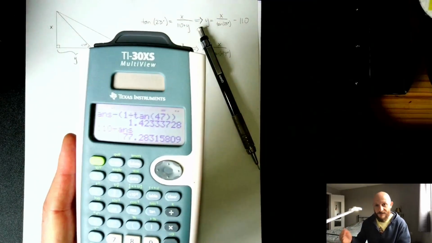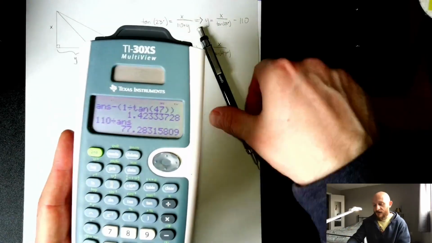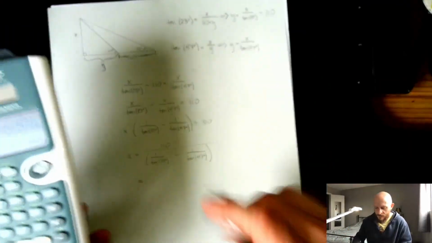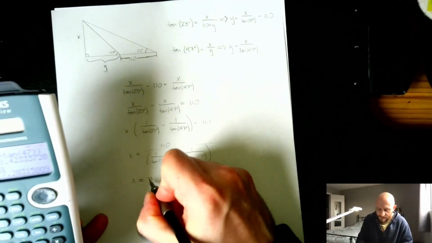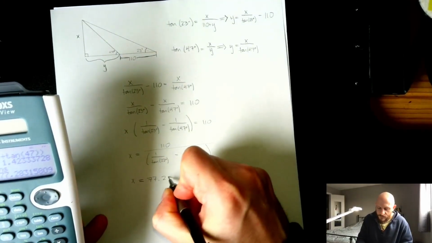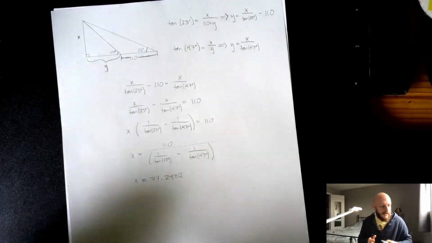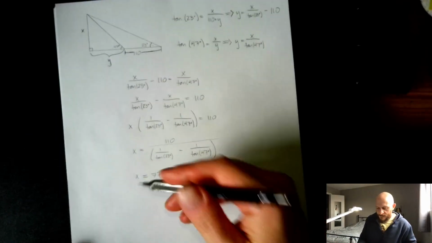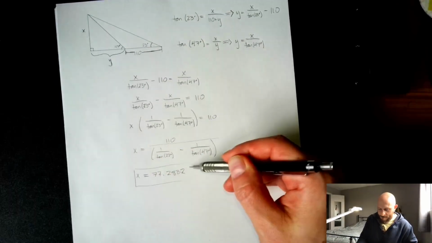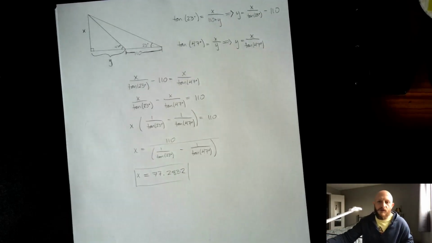And then now that I'm at the very last step, I have the final calculation. Now I'll round it. So x is 77.2832 units, whatever the units are. I didn't put units on there. But yeah, that's the answer. Okay, let me know what questions you have.